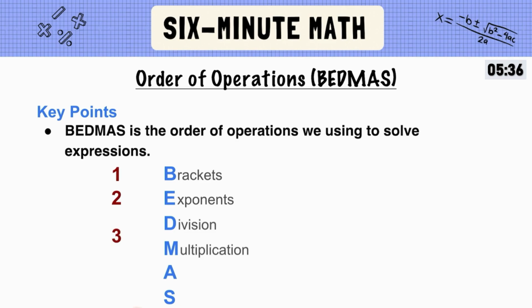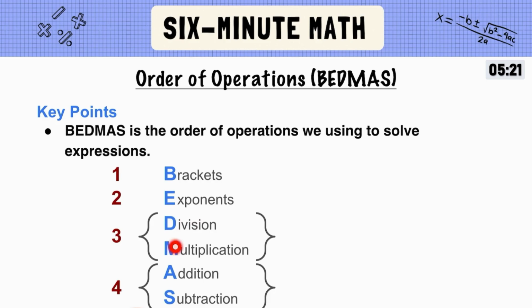These are going to be classified under the same step, so we group them together. And then lastly, we have addition and subtraction. These are also grouped together when we are doing our order of operations. If you have the two in the group together, division and multiplication, or addition and subtraction, we will solve those in the order we read left to right.